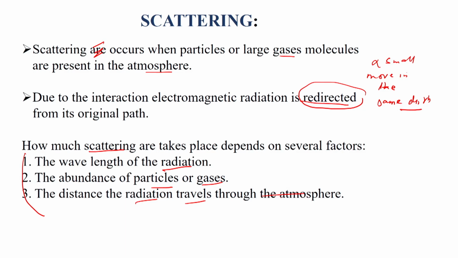This is precisely the example when the sun is at the top around noon time, the radiation comes directly and the path length is short, and in the morning and evening time the sun is horizontal, so it has to cover a larger distance. Because it has to travel a larger distance, it will encounter more scattering, and when you have more scattering, of course you can see the redness during the other times.